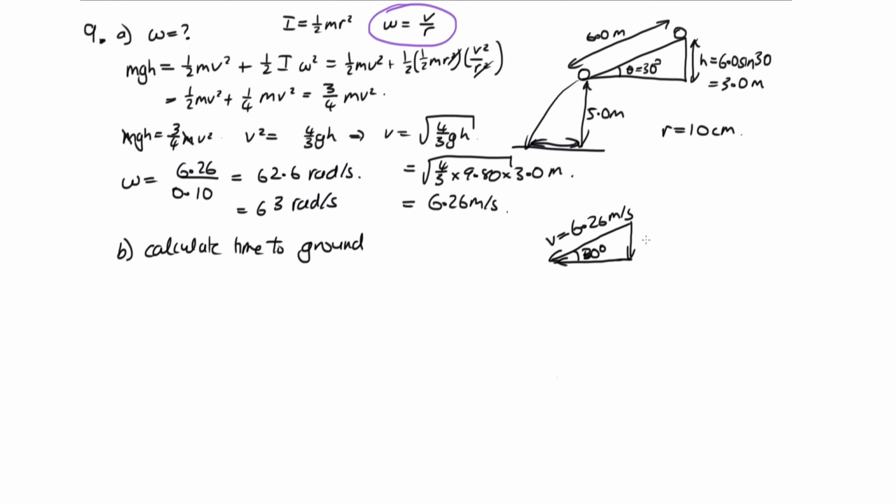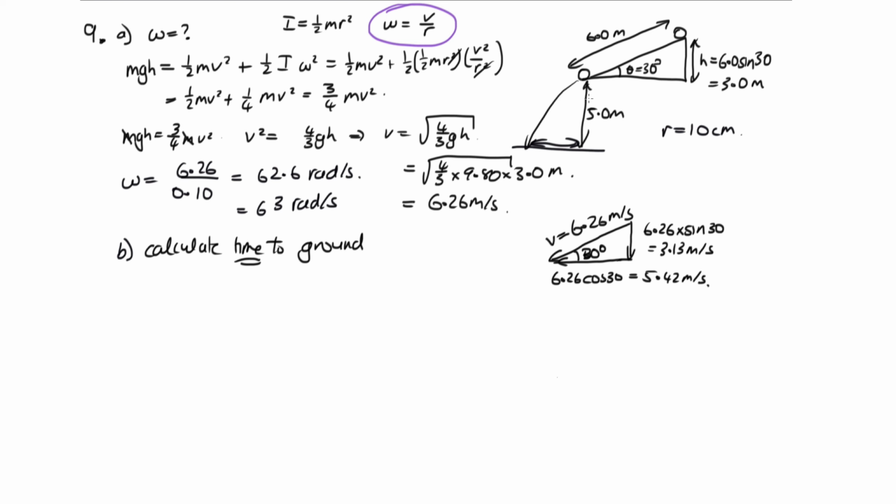So the vertical component is given by 6.26 times sine 30, which is equal to 3.13 meters per second, and the horizontal component is given by 6.26 times cos 30, which is equal to 5.42 meters per second. Okay, so to calculate the time to the ground, we'll need to use the vertical component.